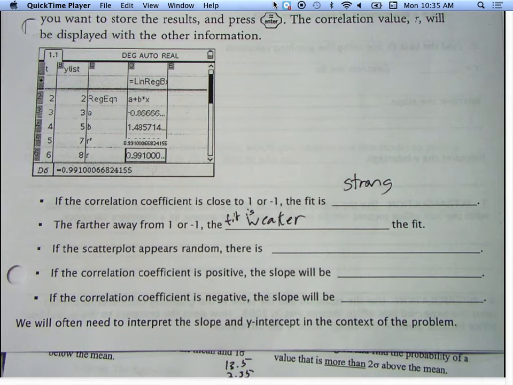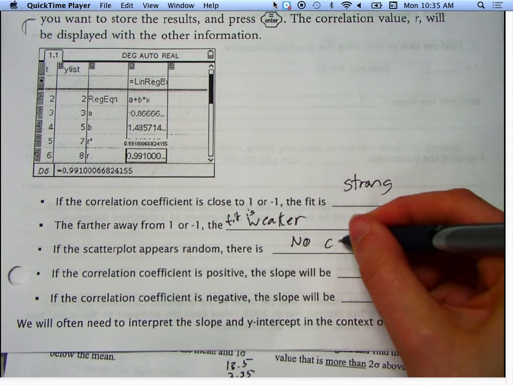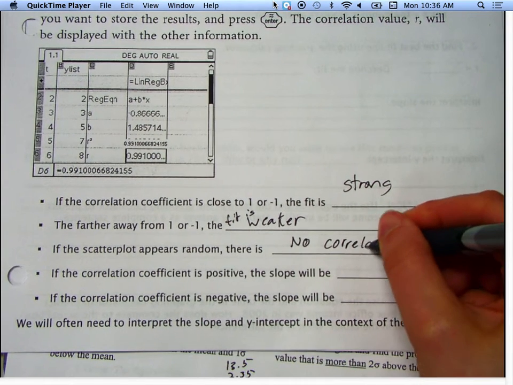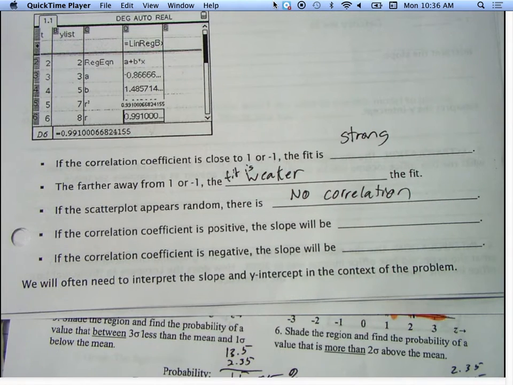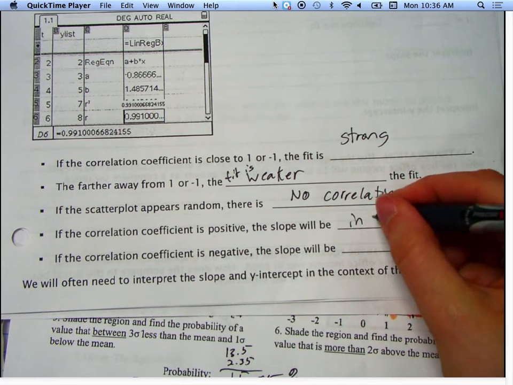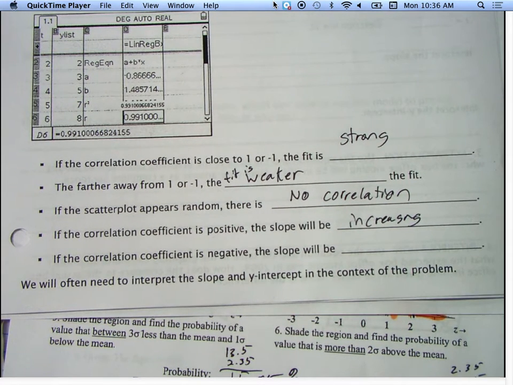If the scatter plot is random, then there is no correlation, right? If the correlation coefficient is positive, the slope is doing what? It's positive, or it's increasing. And if it's negative, the slope is decreasing.